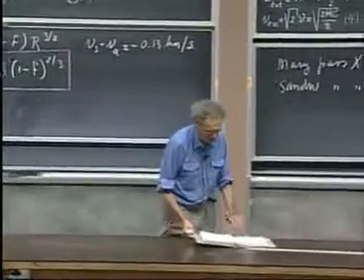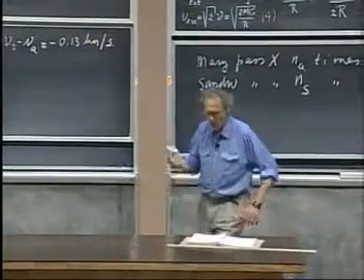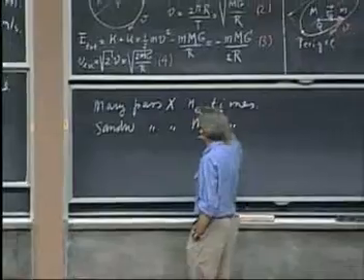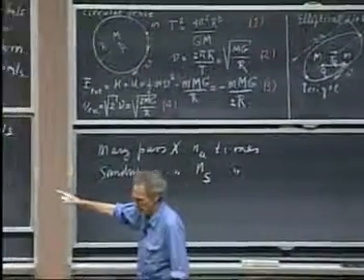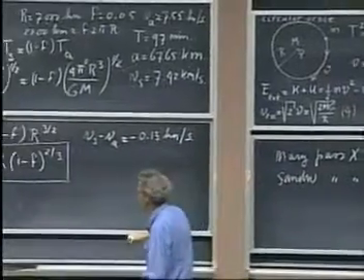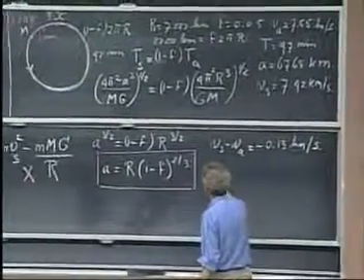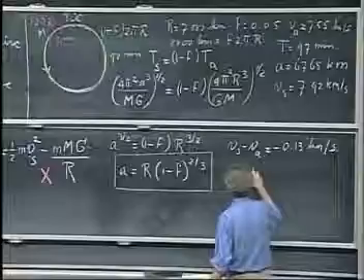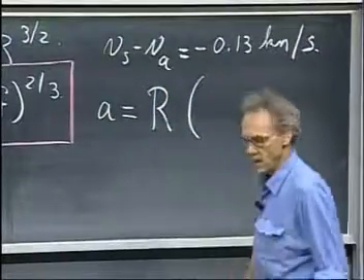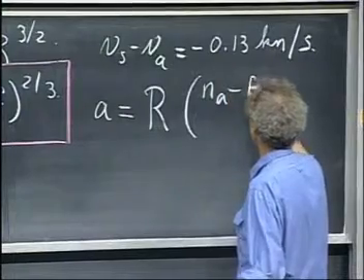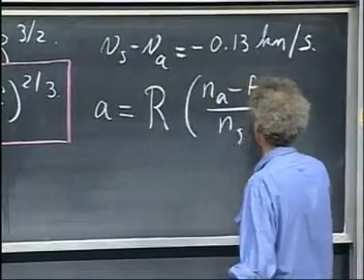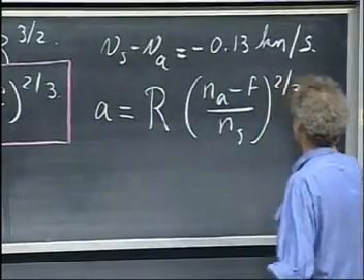And if you take this new concept into account, that you can wait a certain number of passages through X, then the relation between A and R changes only slightly. You now get that A equals R times (n_A minus F) divided by n_S, to the power 2/3.